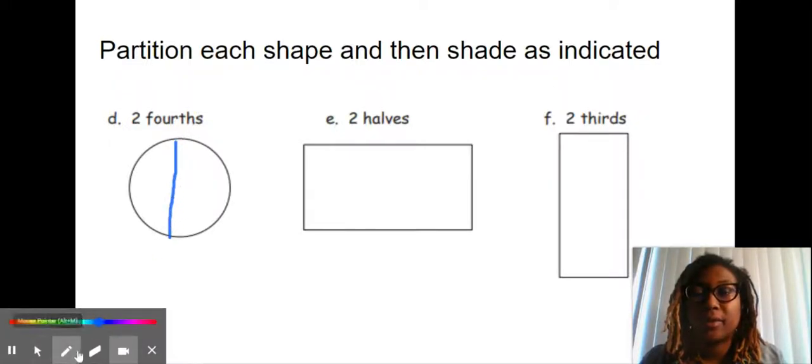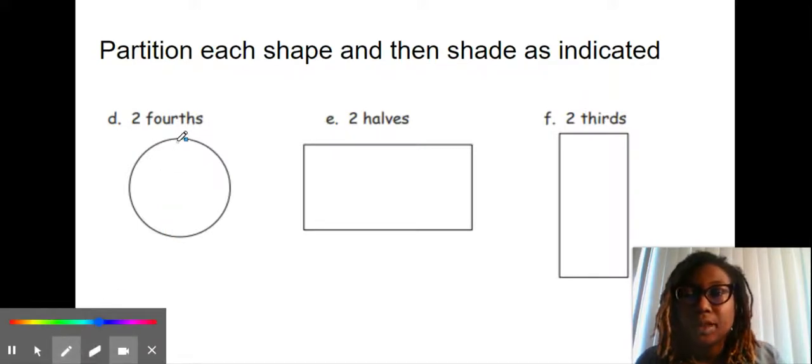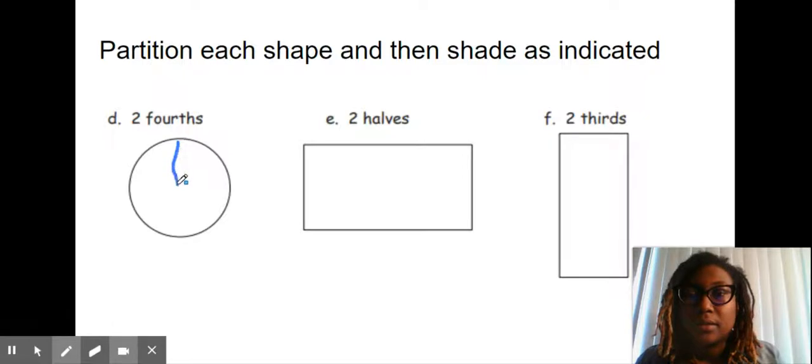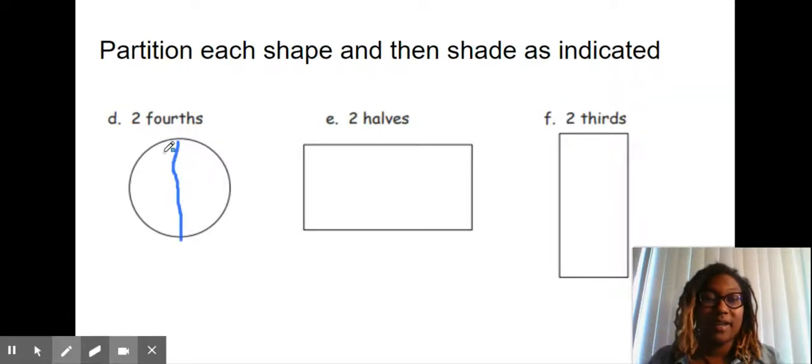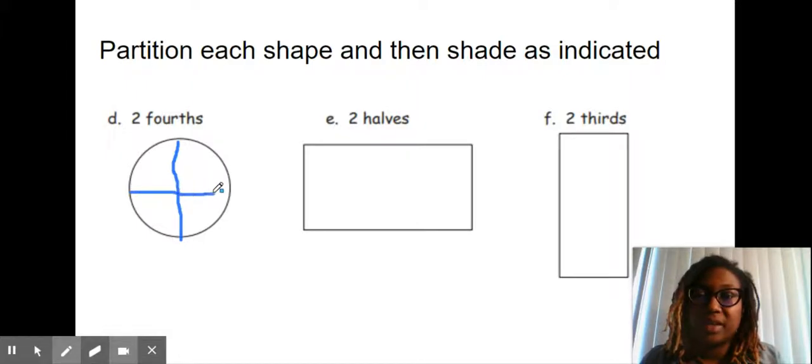That's really crooked, so I'm going to erase that and try again. Still crooked. Okay, we're going to go with it. And then I got to do one more across like we just did. And now I have it into fourths, right?